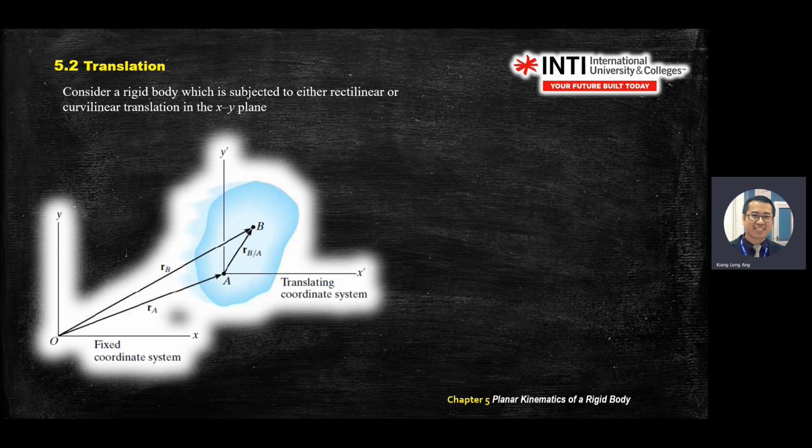Your position from the fixed position O to point A, we label as R sub A. From the fixed position to point B, we label as R sub B. Position of B relative to A, we write R B/A. R B/A will be different from R A/B. Not the same. From this chapter onwards, when you write your equation for relative position, you need to be careful.